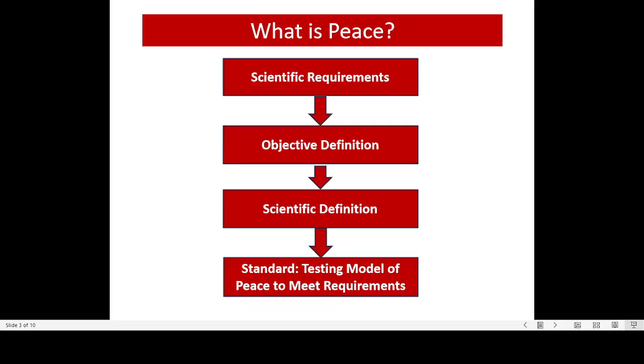Lastly, you have to have a scientific standard for testing and validating a model of peace, to see what is peace and what is not peace based on whether it meets the requirements for peace or not.